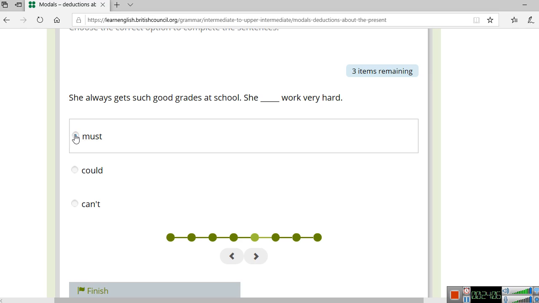Because it has the 100% and the sentence says she always gets good grades. Very well. So we're 100% sure because the information that we have is that she gets good grades. So from this information, I can make the observation that she must work very hard. Very well. All right.